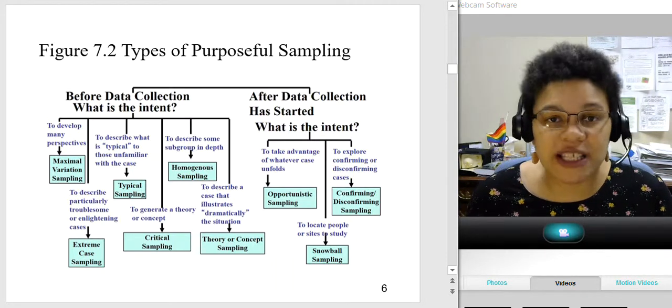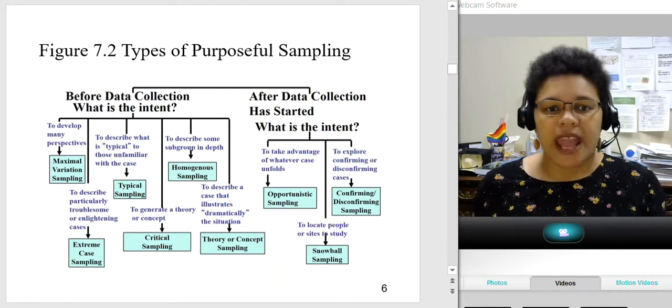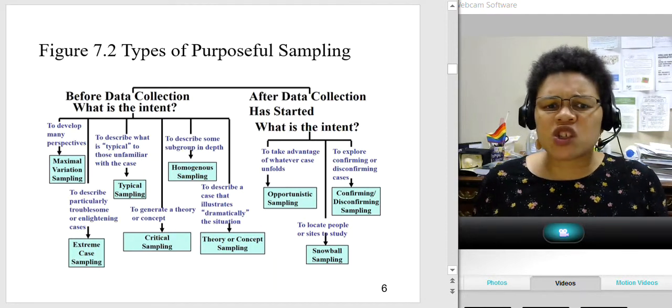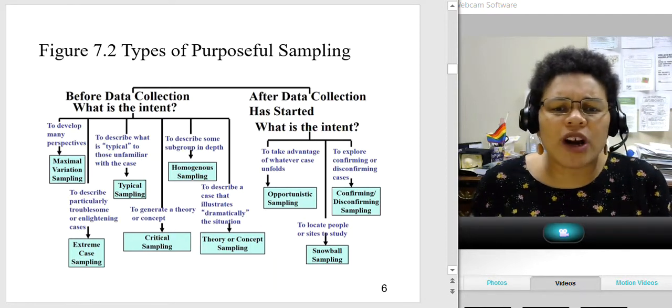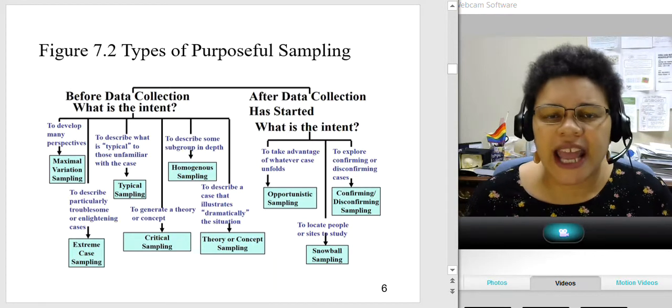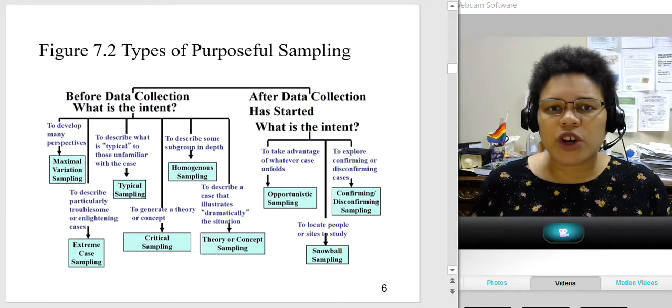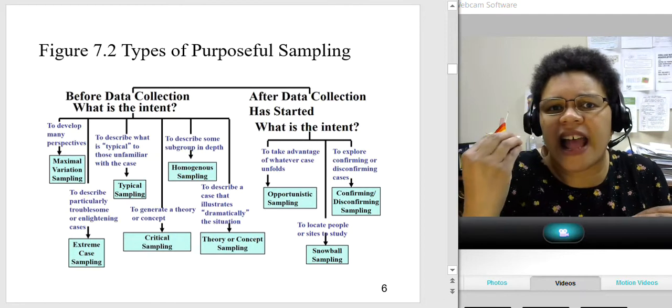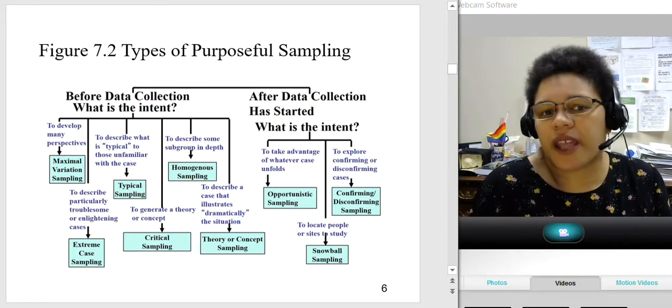Then we would use maximal variation sampling. We might want to describe particularly troublesome or enlightening cases, okay? And so then we're going to choose cases that are at the extreme of something.